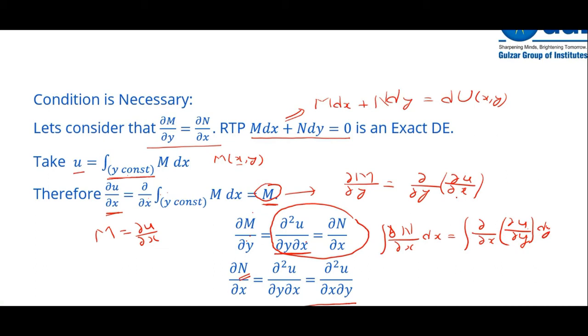Oh sorry, dx, not dy, it's dx. So we know that derivative and integration cancel each other, so it comes to be n. And here again it is a partial derivative with respect to x. Here we are integrating with respect to x, so the term we will get will be ∂u/∂y plus some constant.